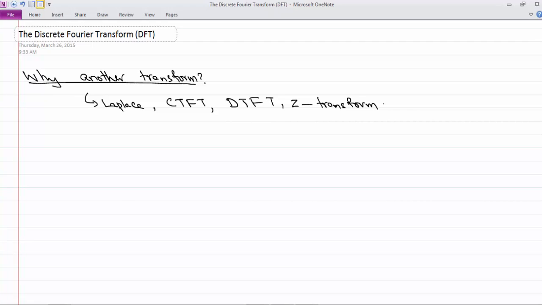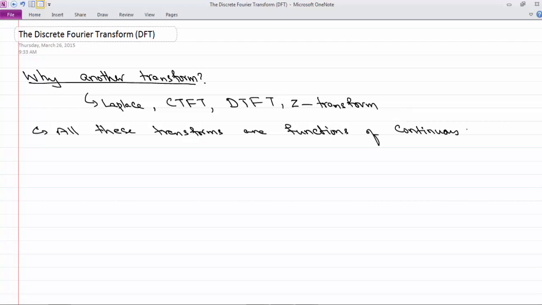And the reason for that is because all these transforms are functions of continuous variables. They might be transforms of discrete time sequences. For example, DTFT. It's a transform of a discrete time sequence. But the transform itself is a function of a continuous variable.